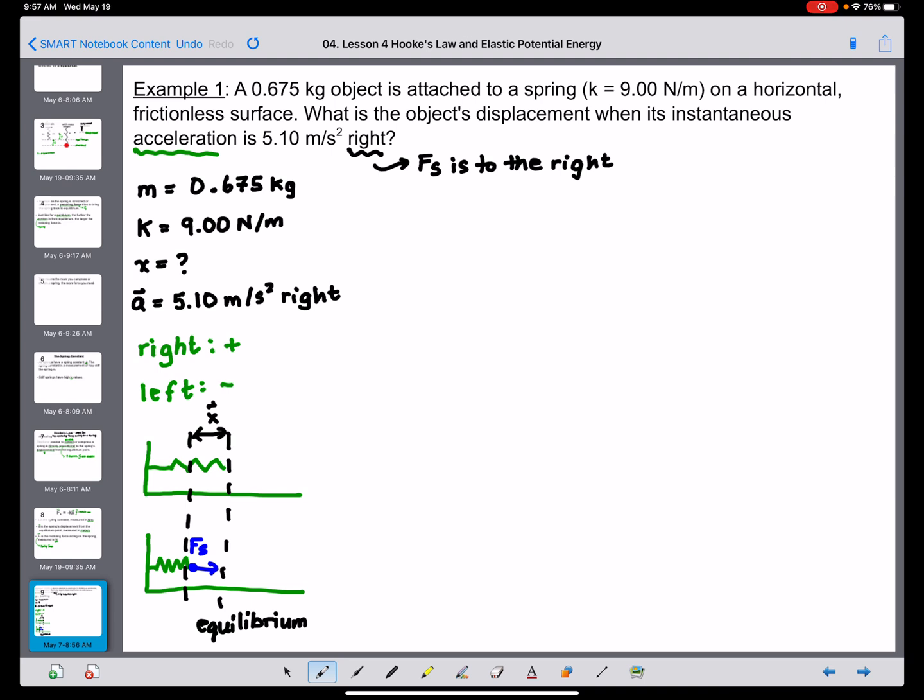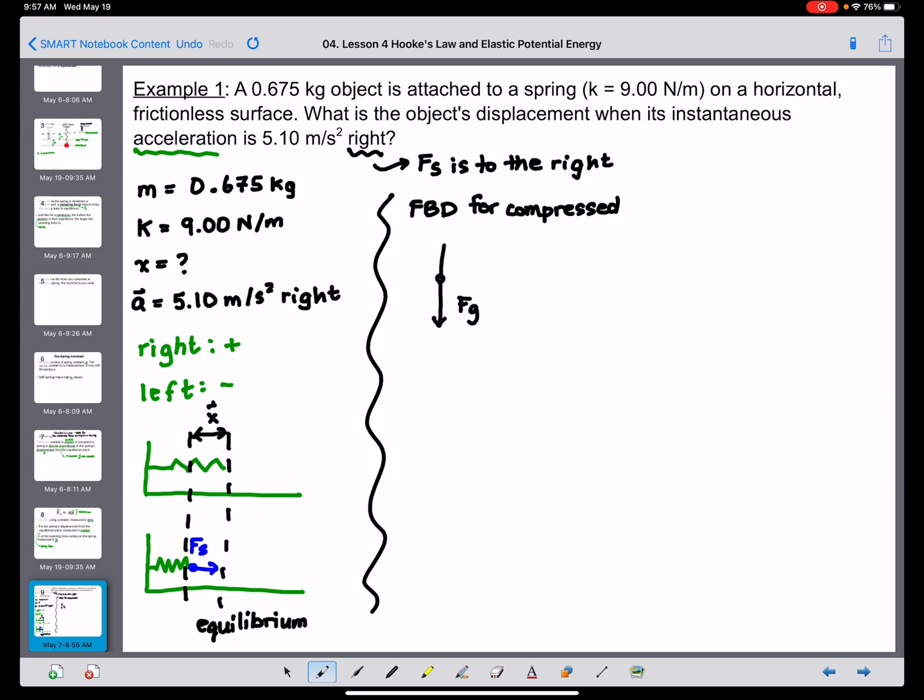Okay, so let's see what we can do here. So let's draw a free body diagram for the spring when it is compressed. Okay, so because the spring is affected by gravity, we'll draw in the force of gravity. And then because the spring is sitting on a horizontal surface, the normal force is going to be directly up.